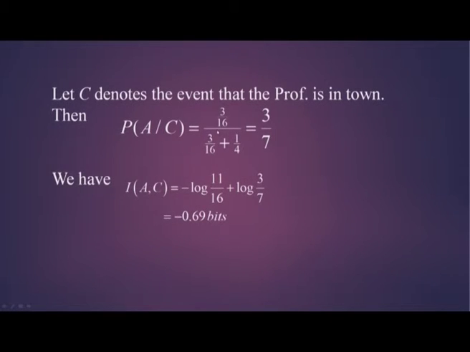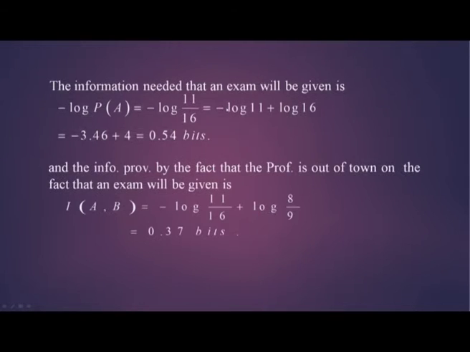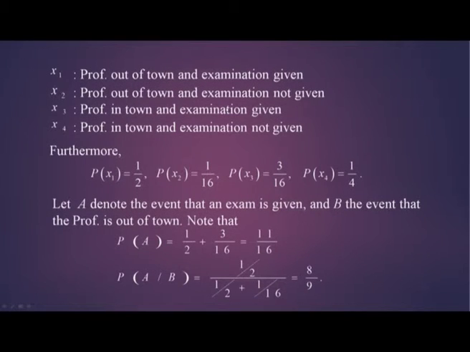So, it will be 3 by 16 plus 1 by 4, and in the numerator both the events will occur, that probability. So, probability that A and C will occur. So, exam is given and professor is in town, that probability, if we consider the cases again.